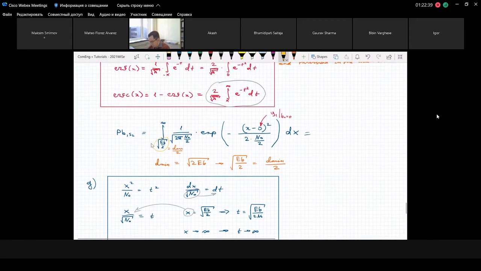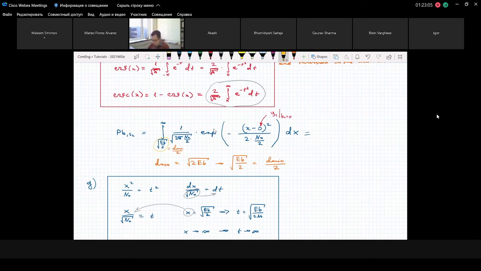The idea is very simple. You have this integral here. You simply take the probability density function, and the area under it gives you the probability of getting a value that corresponds to this area.